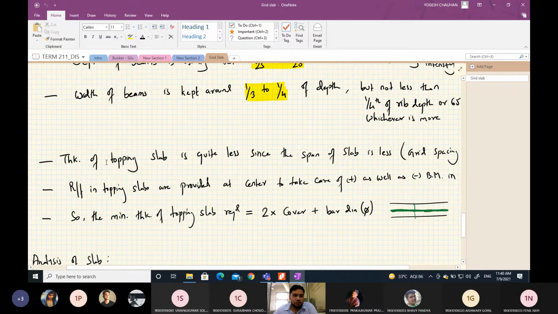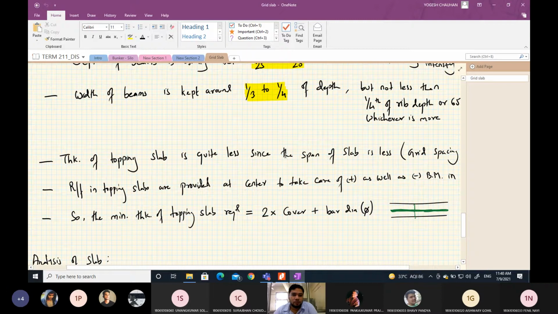Related to the topping slab, the thickness of the topping slab is quite small since the span of the slab is small. So usually the thickness of the topping slab is not governed by the deflection criteria which we use for a normal slab. Since the spans in both the directions are very small, the deflection criteria are always satisfied.